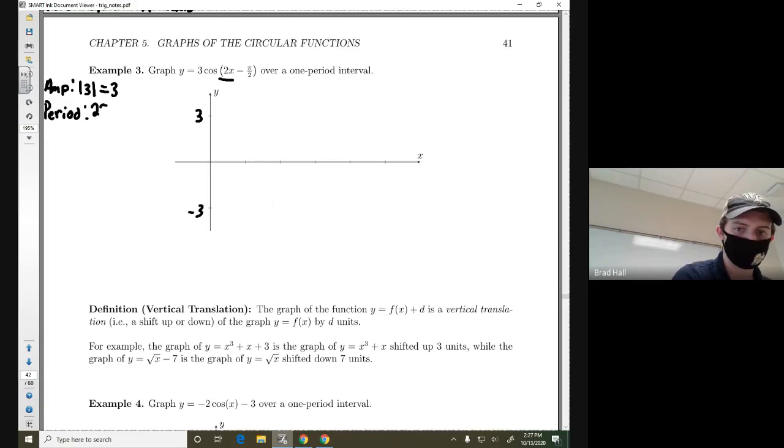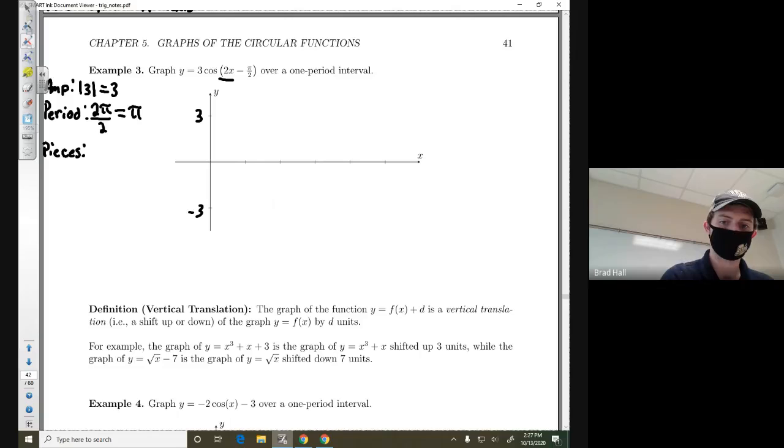Period is now 2 pi divided by 2, which is pi. Which means the pieces, we drop down the period, multiply that by 1 over 4. We simply get pi over 4.